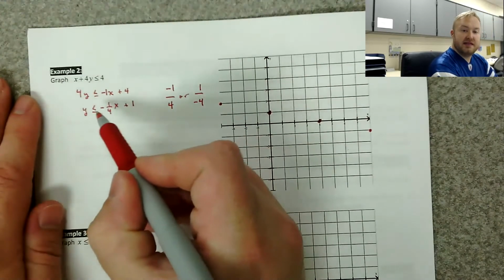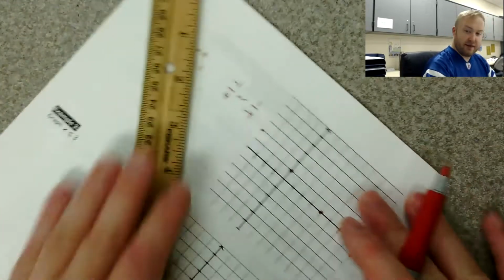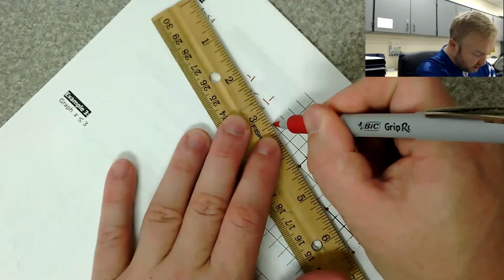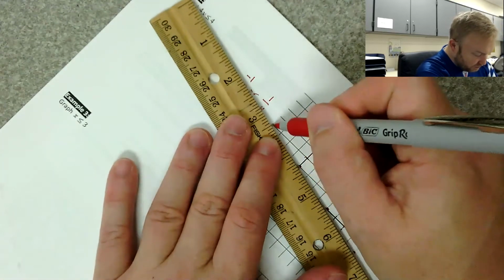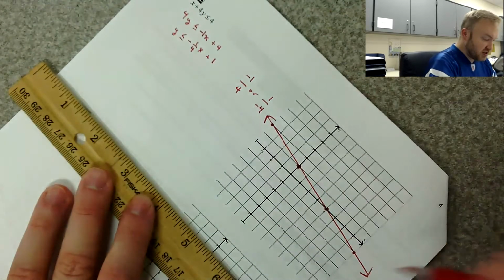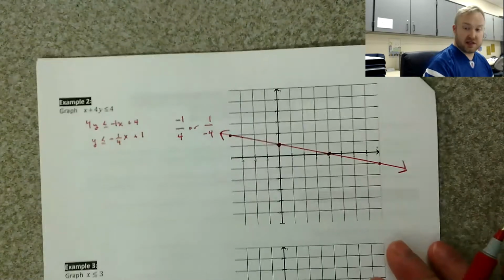Now this does have the or equal to on it. So this time I do want to include the points that are on this line. All the points on the line are the solutions to y equals -1/4 x plus 1.